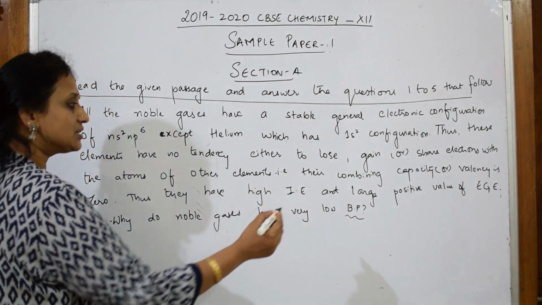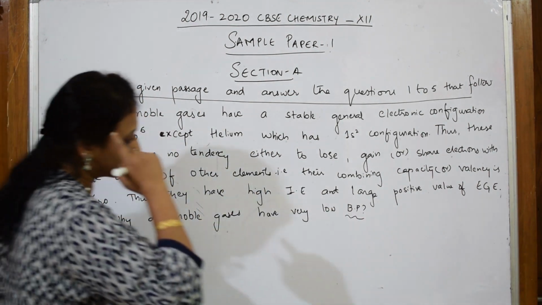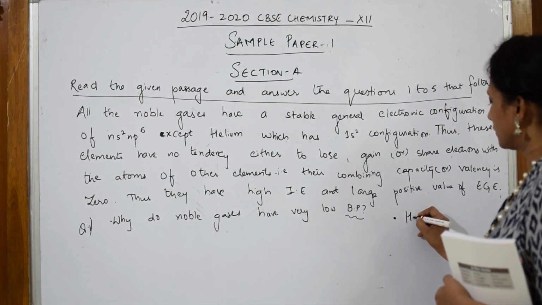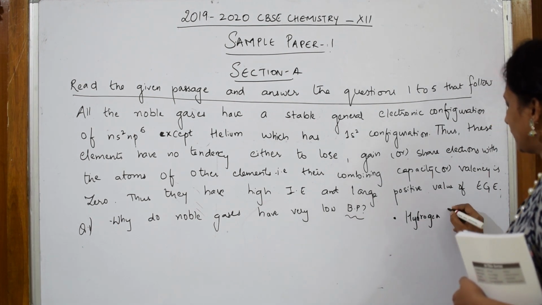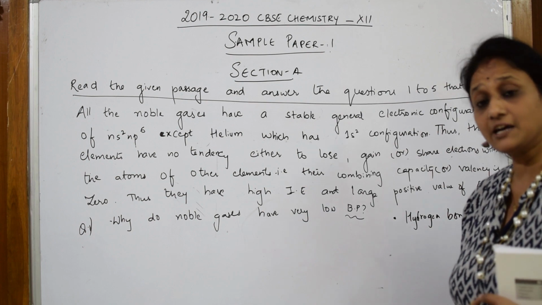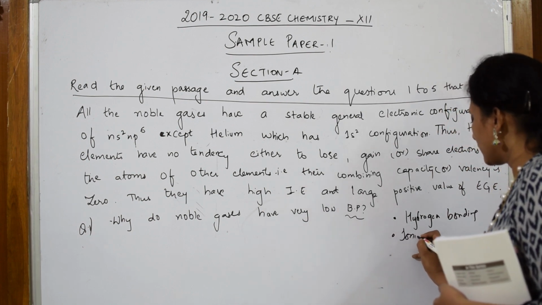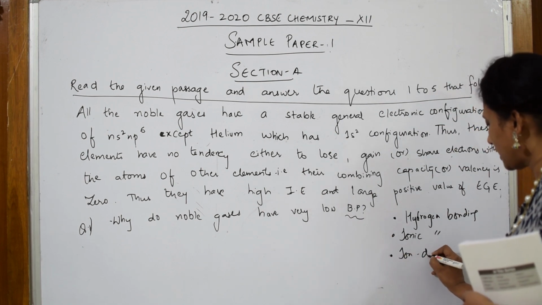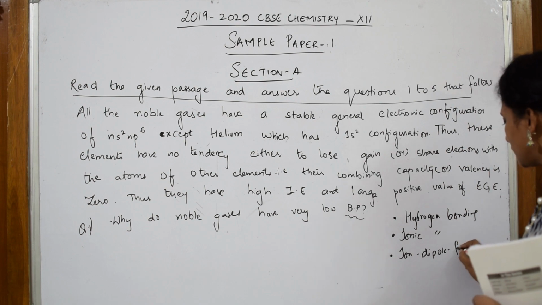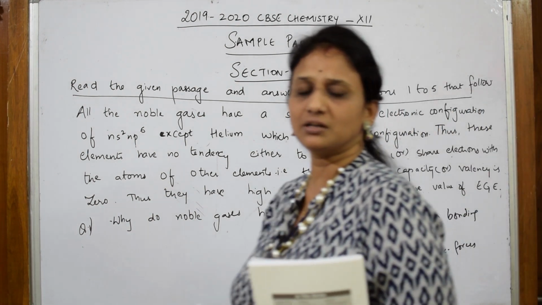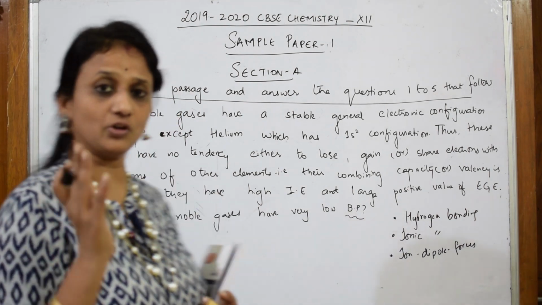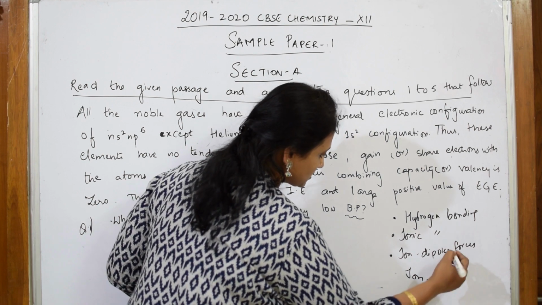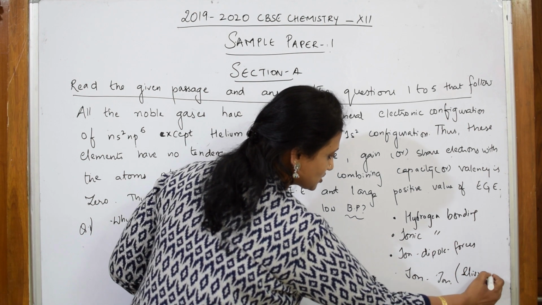So whenever there is a low boiling point concept, you should first strike what the different types of bonds are. We have hydrogen bonding. After that, we have ionic bonding. The next type is ion dipole forces. Then we have the dispersion forces.